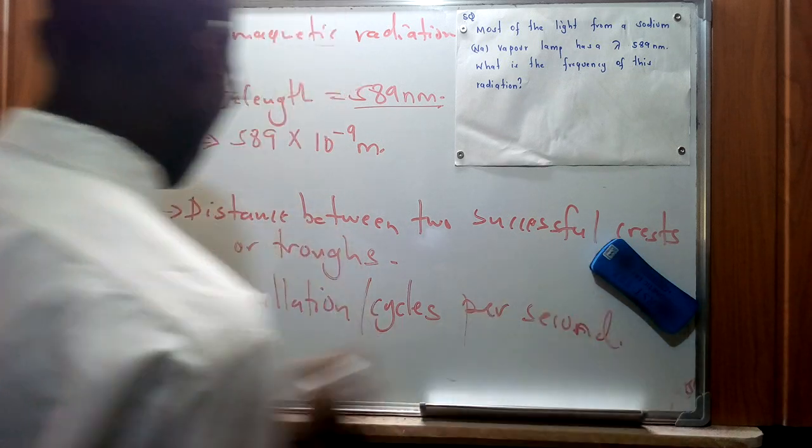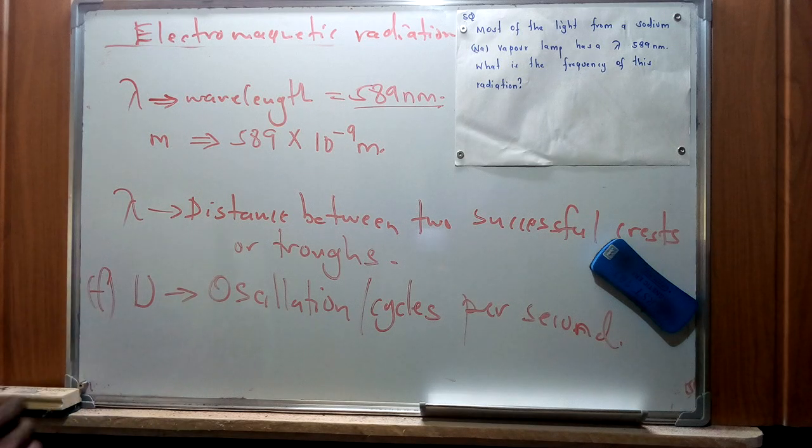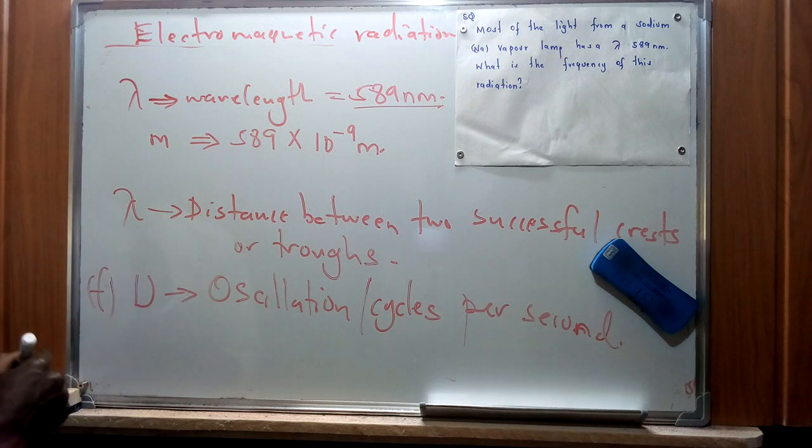Sometimes this frequency can be given in the form of f. So this initial can be used to designate frequency. It's either an f or this form of designation that we have used.